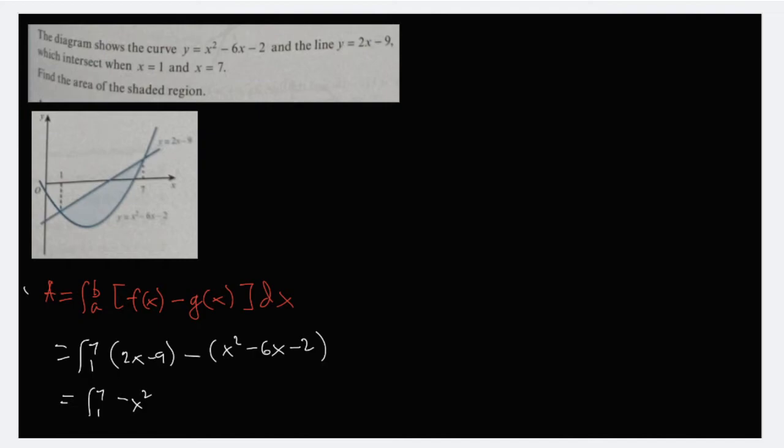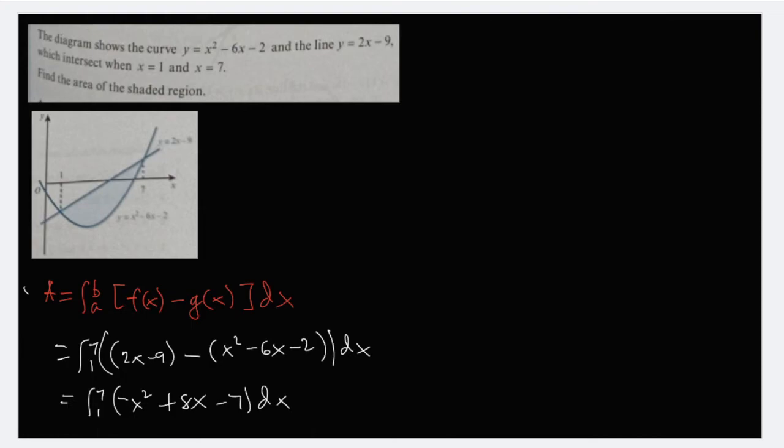This will give us 2 minus negative 6, which is positive 8x. And then the last, we have negative 9 minus negative 2, which gives us negative 7. So this will be dx. If you forget the dx, it will be fine as long as you're following the steps in integrating.